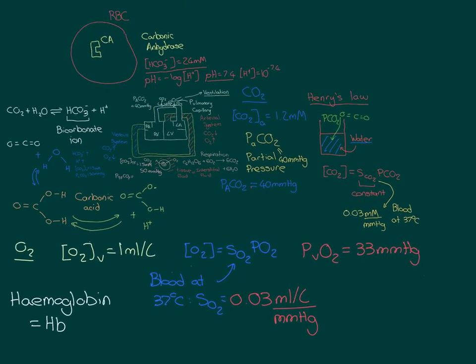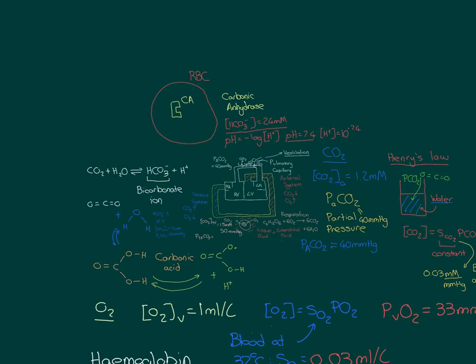So I'll go back up to my picture of a red blood cell here, and I'll now draw on a hemoglobin protein. Here, inside the cytoplasm of red blood cells, you have hemoglobin, which is represented by this white square. The red blood cells are absolutely packed with this hemoglobin, and of course, basic biology, it carries oxygen. It's going to have oxygen bound to it.